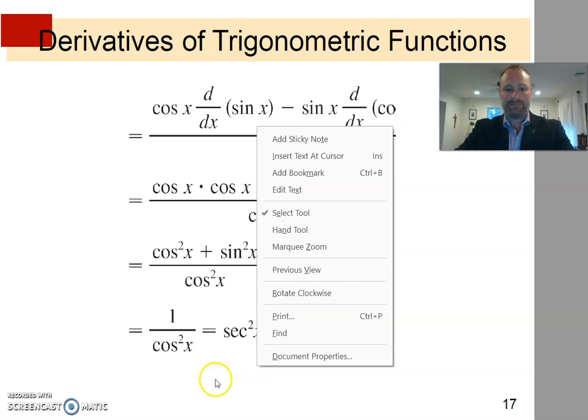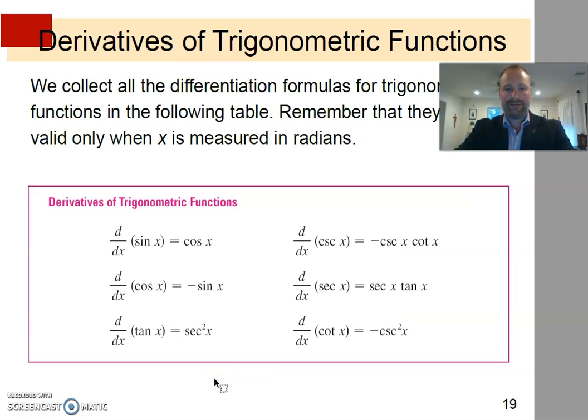These are the derivatives of trigonometric functions that are important for us to know and remember. We already talked about a couple of them, the derivative of the sine and the derivative of the cosine. This is something that we definitely want to memorize or have at our fingertips when we're doing these problems.